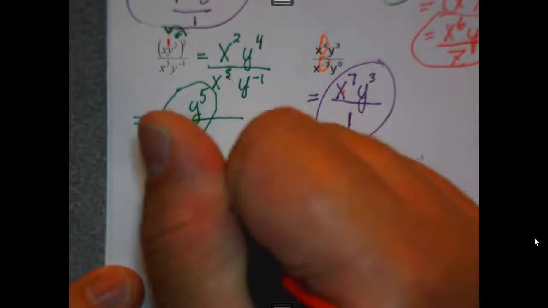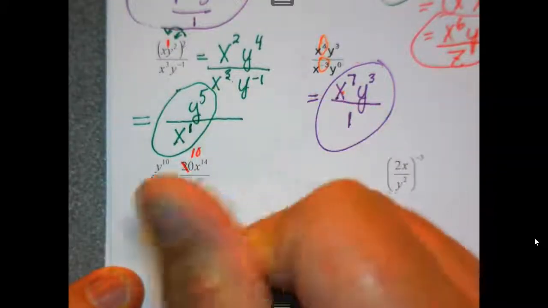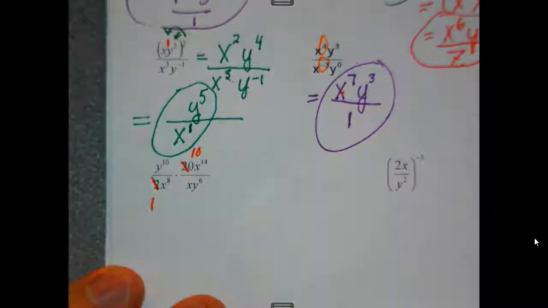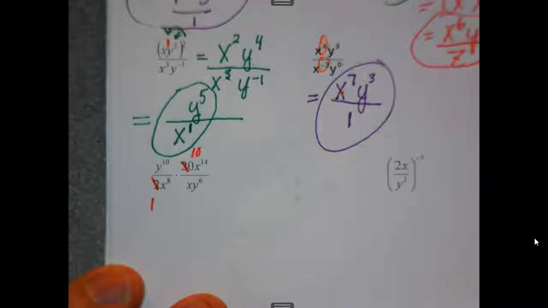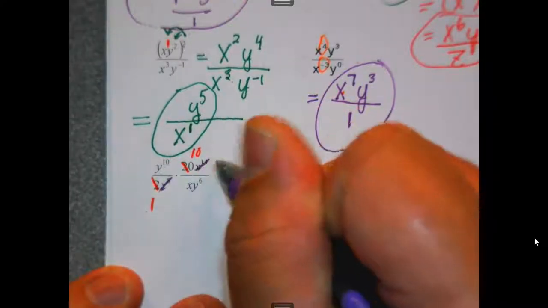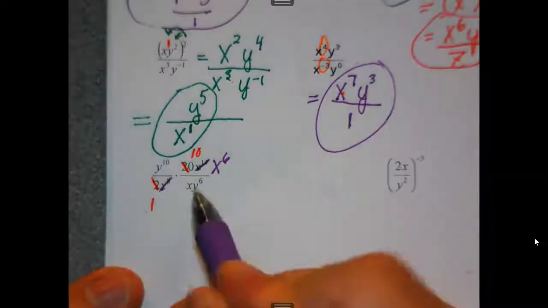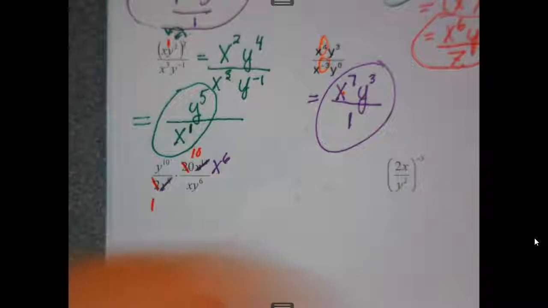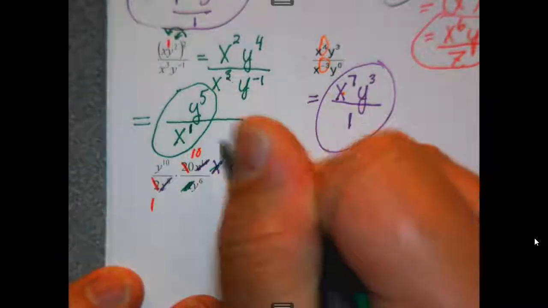Okay, 2 goes into 20 how many times? That's right, 10 times. 2 goes into 2 once. Let's see, there's 8 x's here. There's 14 there, so I can take 8 out and get x to the 6th, right? There's another x to the first here, so I can take another x out and get x to the 5th.